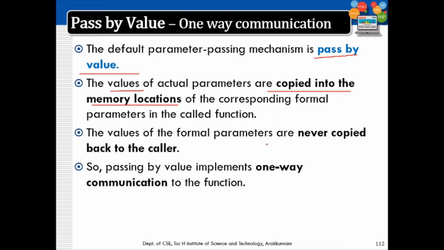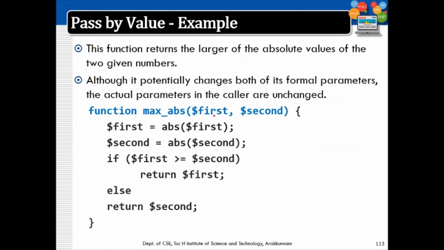The values of the formal parameters are never copied back to the caller. So passing by value just implements one-way communication. Some calculations happen and it will return a value, but no change will be made at the actual memory location.